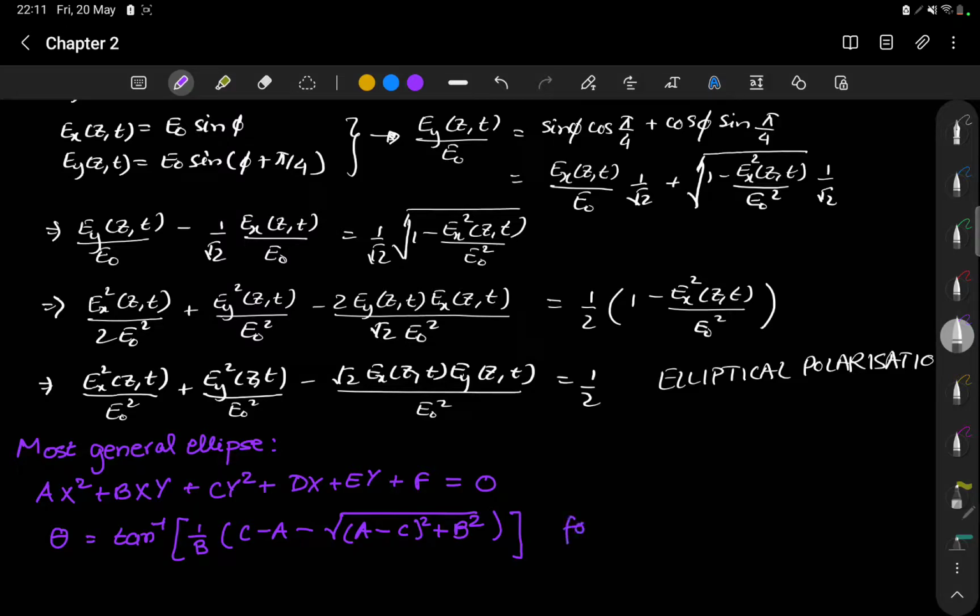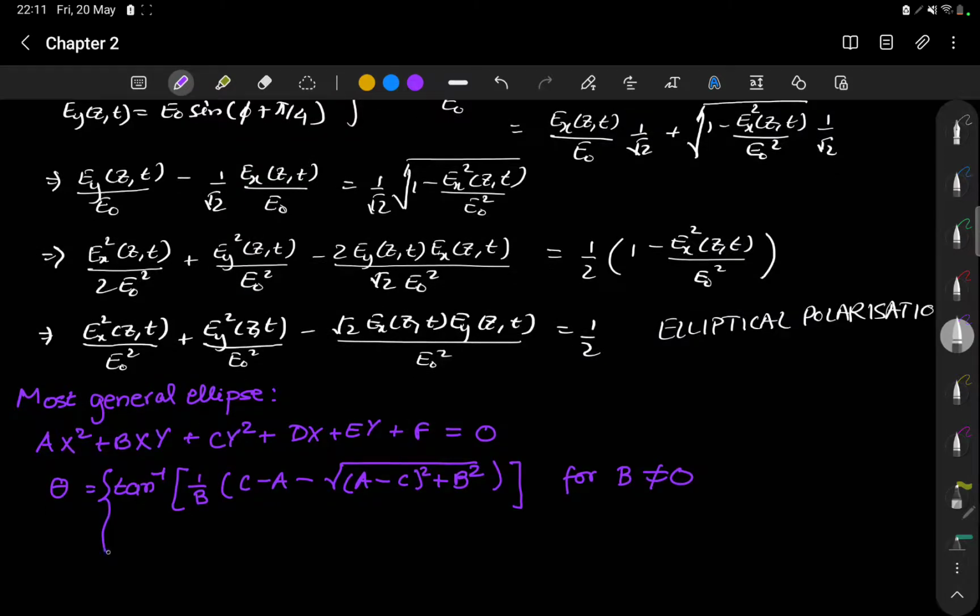This is for b not equal to 0, else it is equal to 0 degrees for b equal to 0 and a less than c, and it is 90 degrees for b equal to 0 and a greater than c.